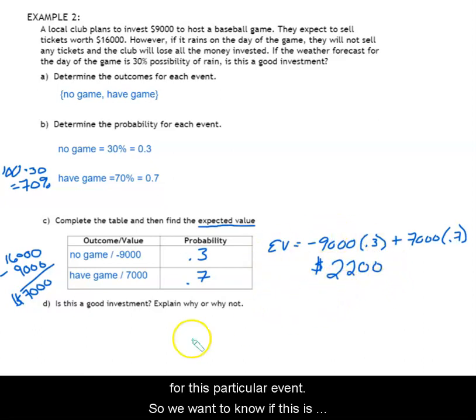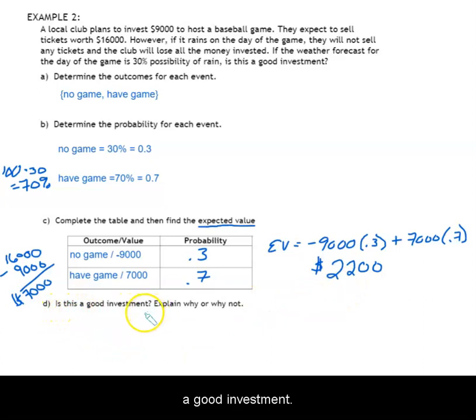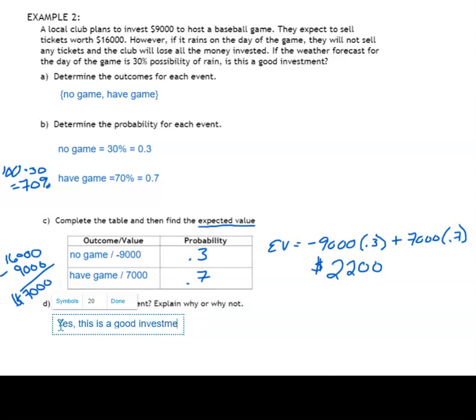for this particular event. So we want to know if this is a good investment. So we would say that yes, this is a good investment because they are expected to make $2,200.